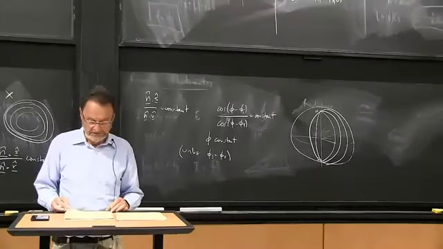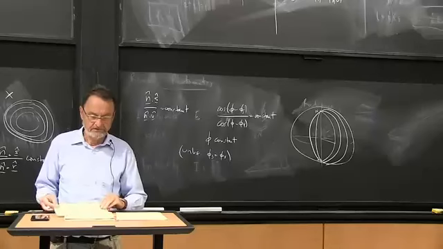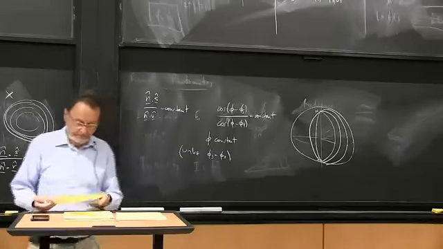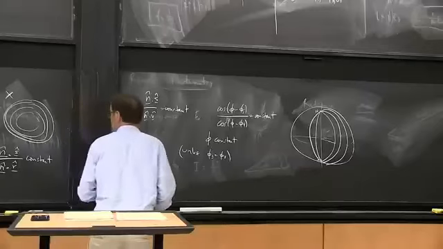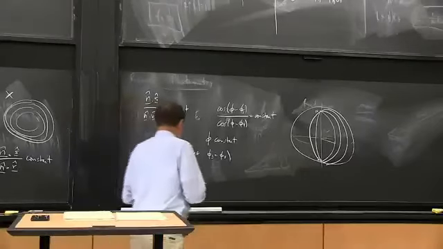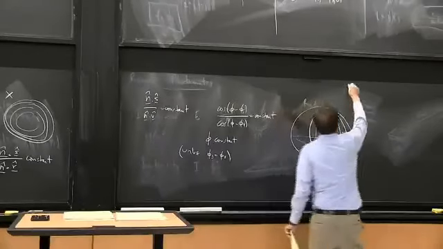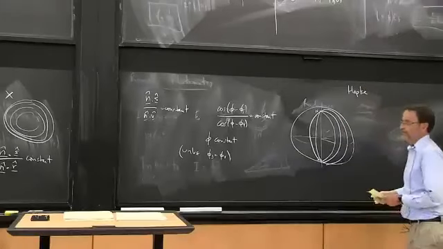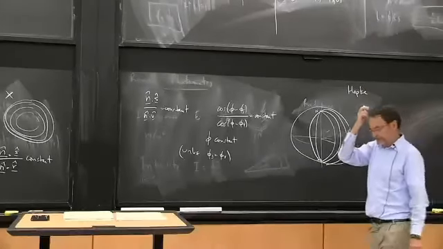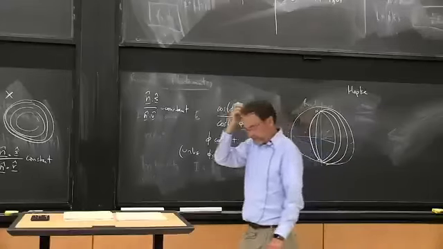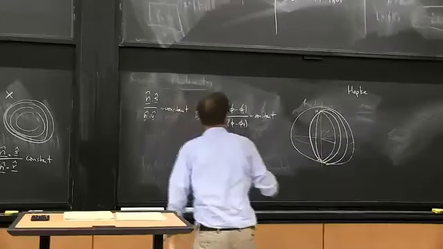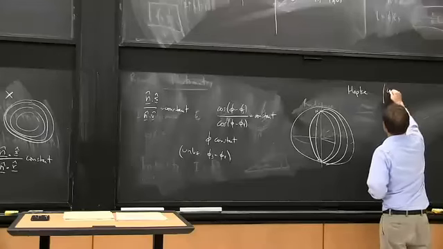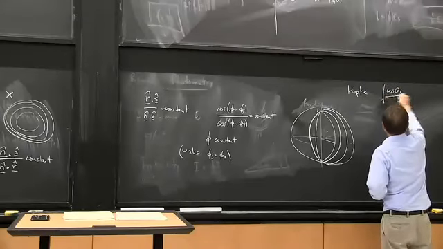So let's talk about that a little bit. So this Hapke model, we've looked at it here in terms of the angles, but we also know that we can use the gradient as a way of talking about surface orientation. So let's look at what this is like in terms of surface orientation.